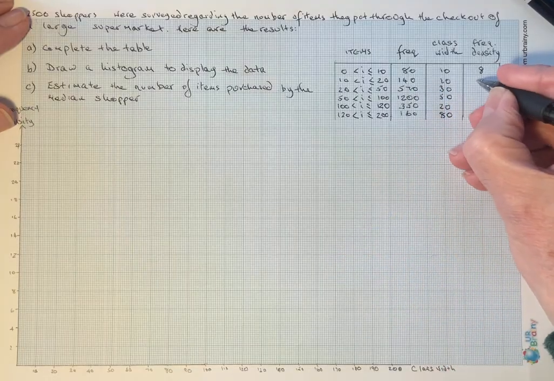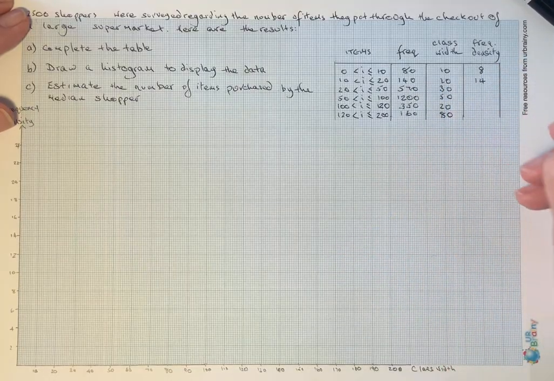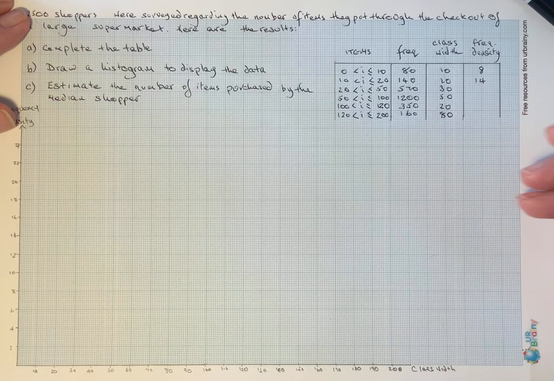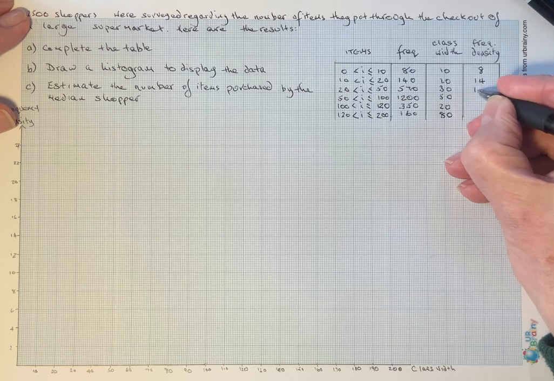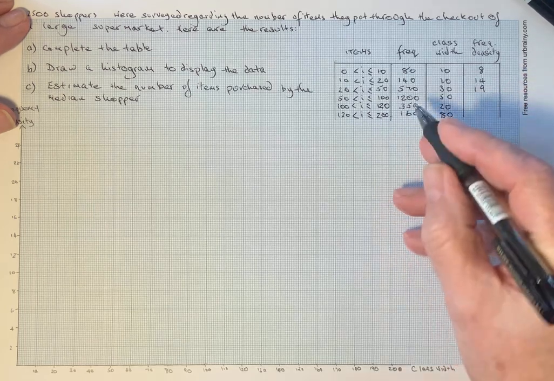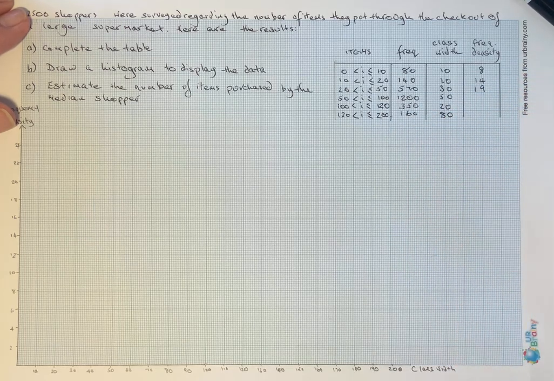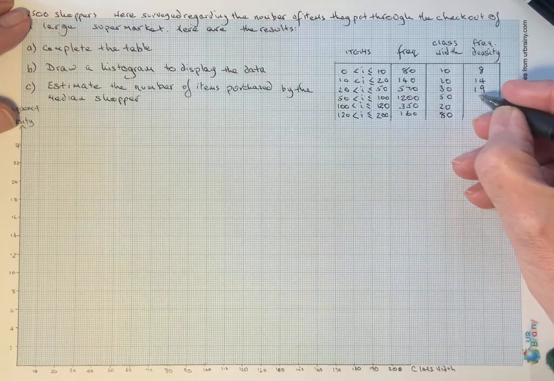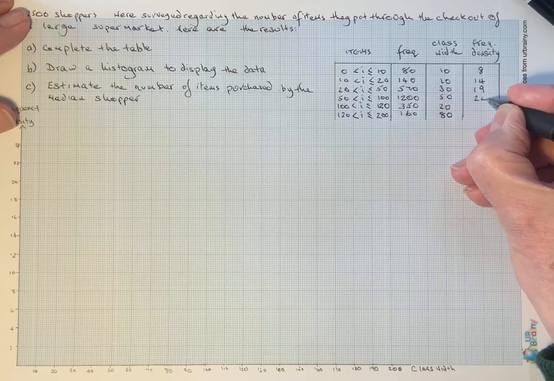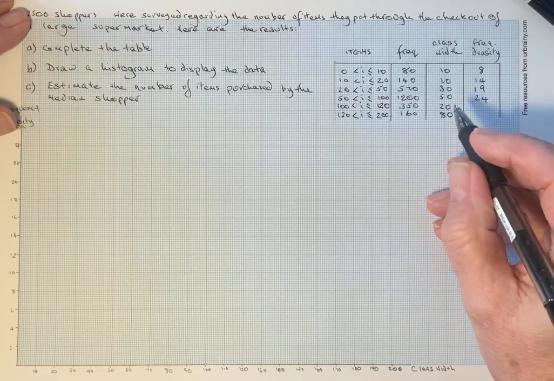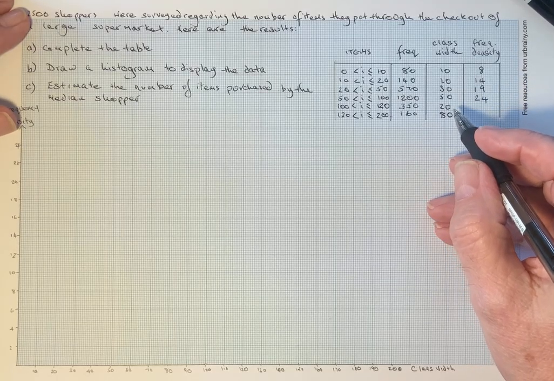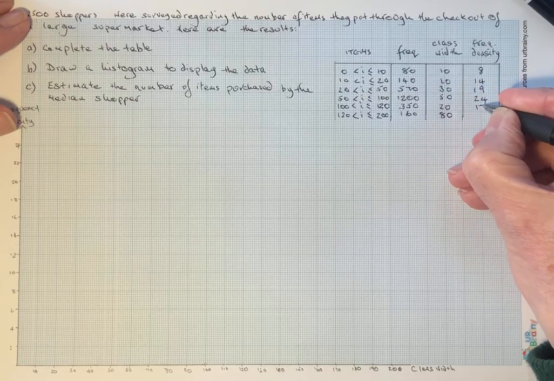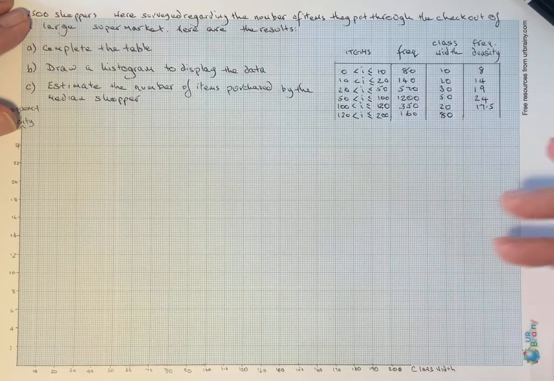140 divided by 10 is 14. 570 divided by 30, you may not know it, but I do, it is 19. 3 into 57 is 19. 1200 divided by 50 is 24. 350 divided by 20 is a little bit of an awkward one, that's 17.5.